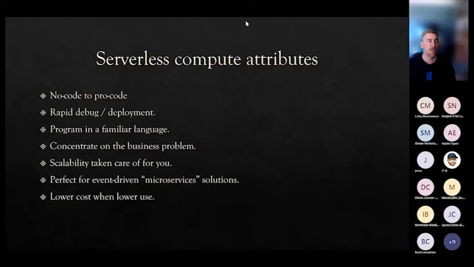And we also have Pro Code in the Azure space, which is where you're actually writing code in, say, Visual Studio Code or in an IntelliJ Java development environment, and deploying that code onto some compute that will execute that for you. Because of the nature of the small amounts of code that you're writing, you can really introduce a rapid debug and deployment capability into your software delivery, which means that you can be much quicker in adding new features or, in fact, fixing bugs as they arise.